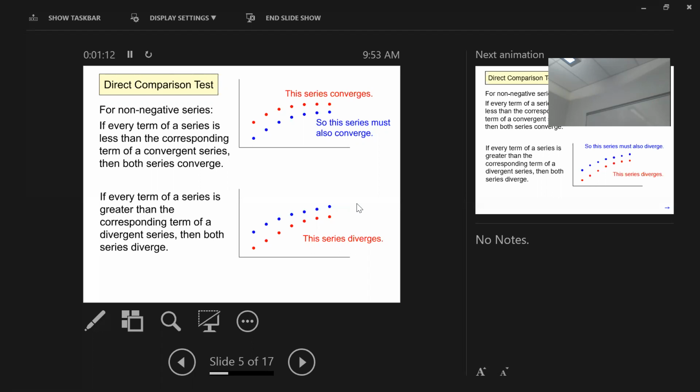See, this picture is kind of helpful, it's very visual. But here it's saying the red thing converges. Here in the top picture, the red one converges. So by definition, something below that must converge. The bottom is the opposite: the red one diverges, so something below it might converge, but something above it has to diverge. And you could go back to that one screen on the 9-4 PowerPoint to help make sense of this.